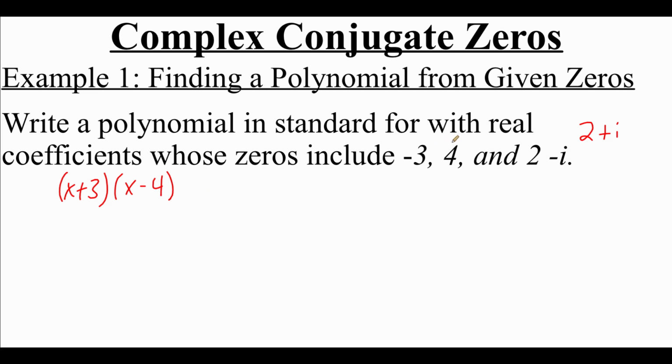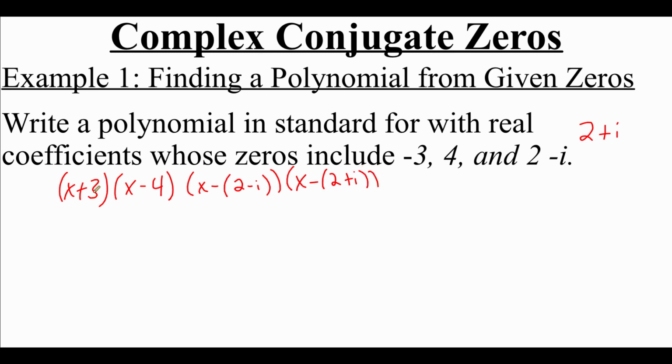When we had 4 as a zero, we went x minus 4. So when we have 2 minus i as a zero, then its factor is going to be x minus the zero, which is 2 minus i. And I'm going to do the same thing with my conjugate zero, so x minus, and then I'm going to throw in the 2 plus i.